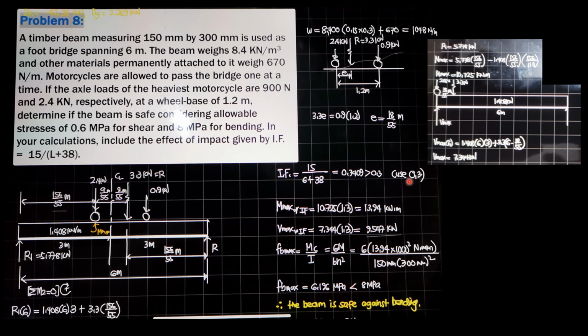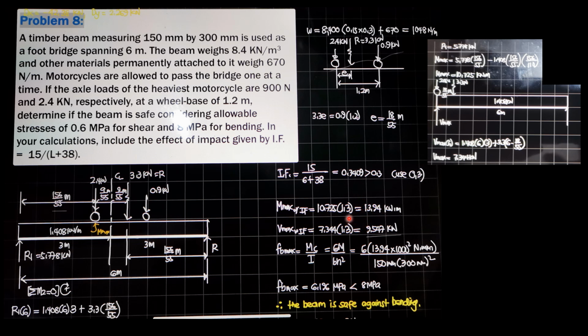So solving for the impact factor by this formula, it is 15 over 6 plus 38. So it is 0.3409, and because this exceeds 0.3, therefore we should use 0.3. So the maximum moment with impact is the moment without impact plus the impact factor times the moment without impact.